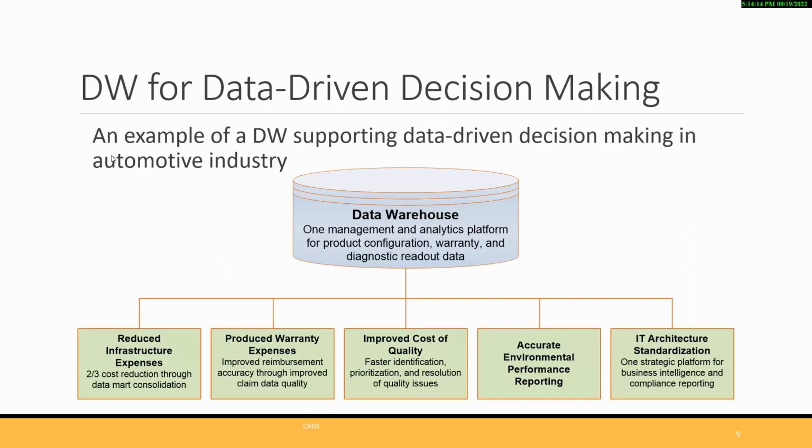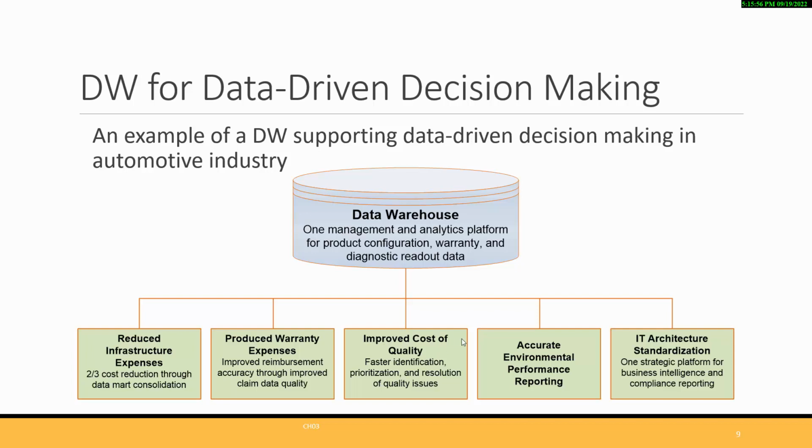We know that data warehouses are costly to build and it takes a lot of effort as well. So we need to justify why we need those. Here's an example of some of the benefits that were noticed in an automotive industry application, such as reduced infrastructure expenses, reduced product warranty expenses, and improved cost of quality.